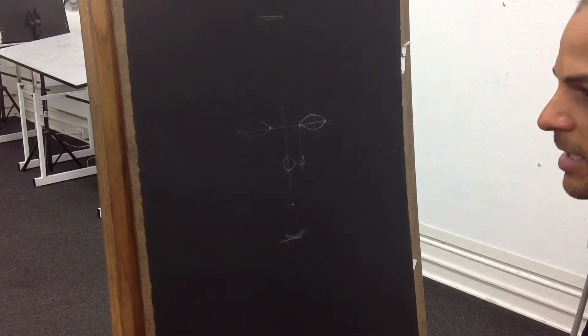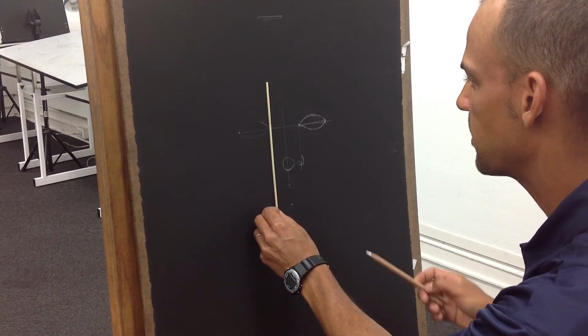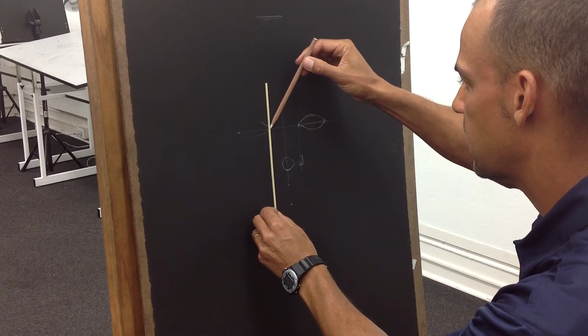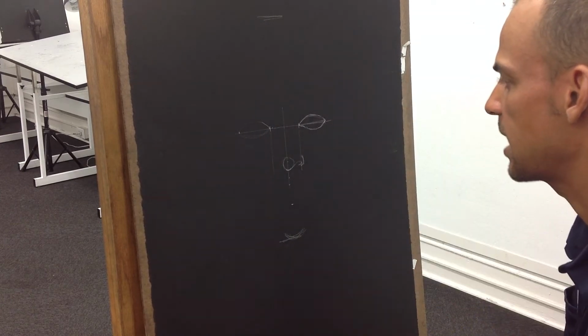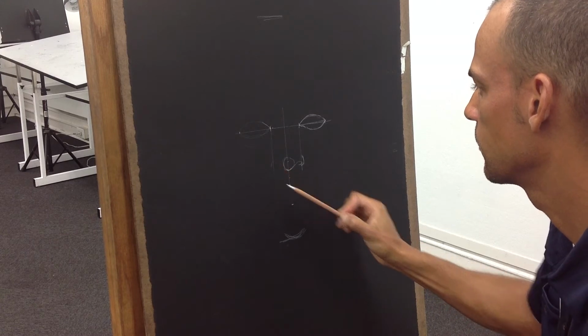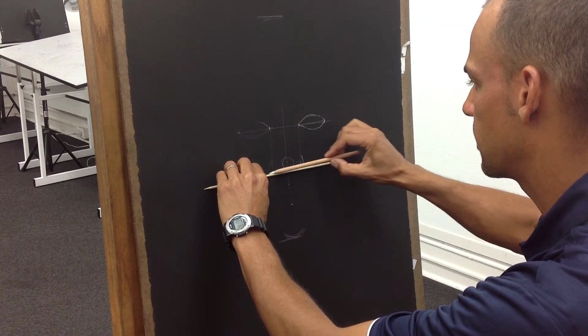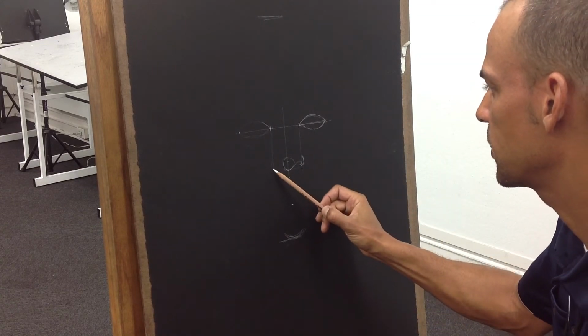Start to work the right side of my nose. So, to make that symmetrical, I would come down with a line on this side. A line across the bottom here. Make sure it's symmetrical.